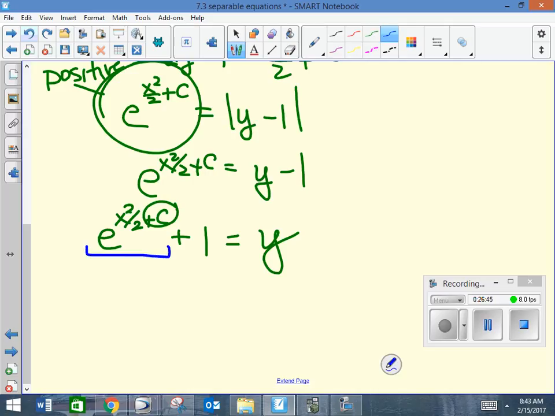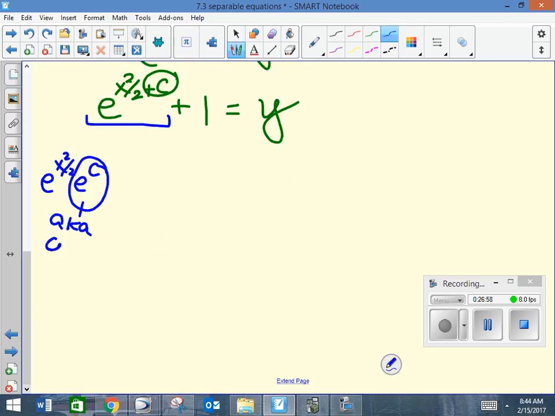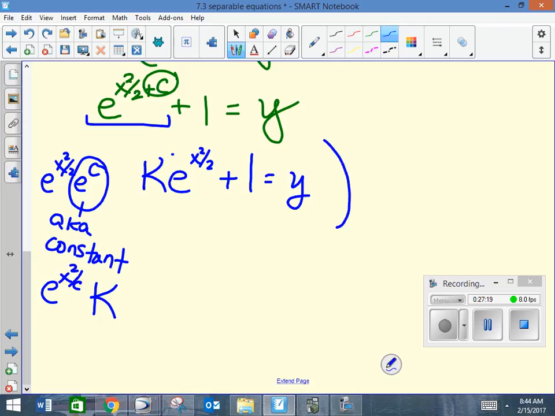Remember this, side note here, is this correct? e to the c is also known as a constant. Now, I'm not going to use the same c that we've been using. We're going to use a k. So this is e to the x squared over 2 times k, which we will write like this: k times e to the x squared over 2 plus 1 equals y. That is our general solution.